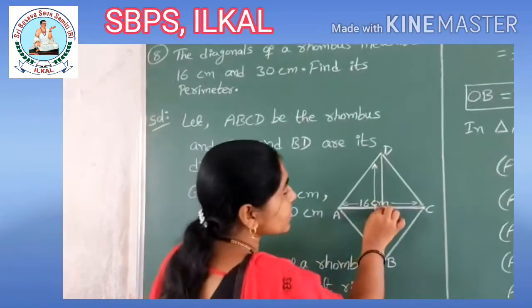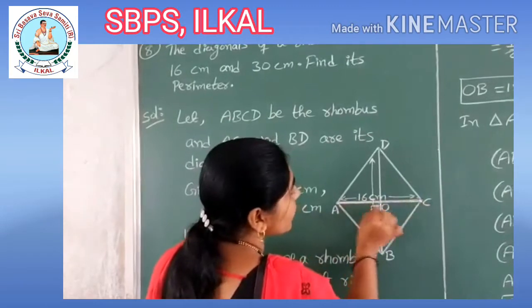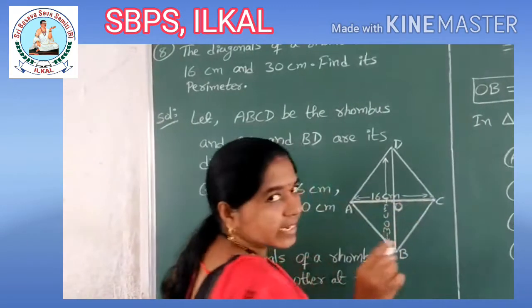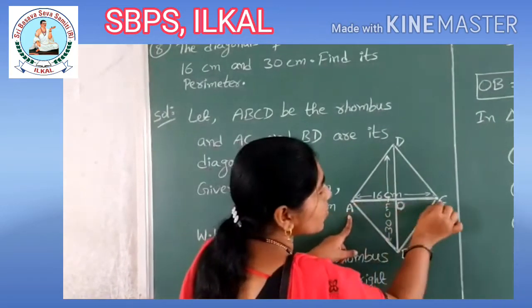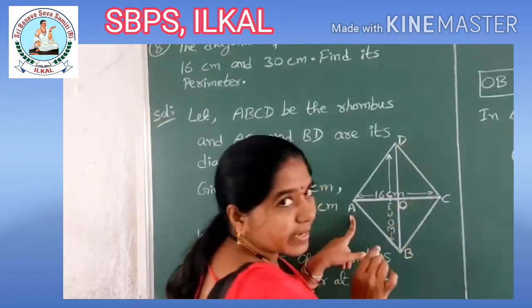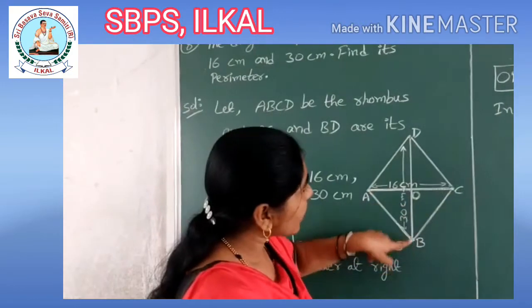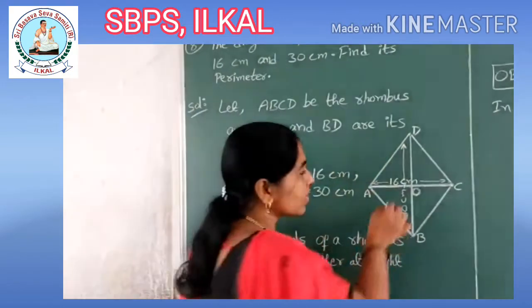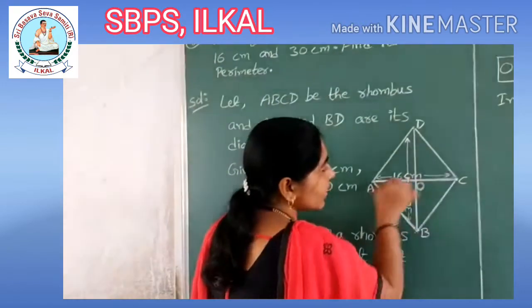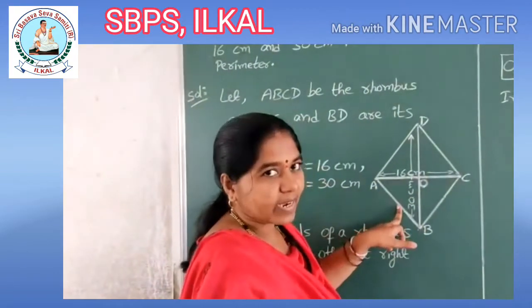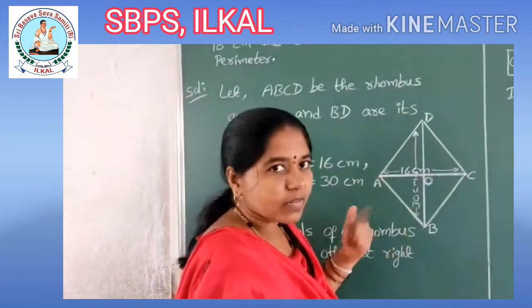Where it intersected, I considered it as O. OA is equal to OC and OD is equal to OB. Let us consider half of AC and half of BD. Half, if you do, you will get OA length and OB. It will become a triangle. Easily we can find the length of the side of the rhombus.